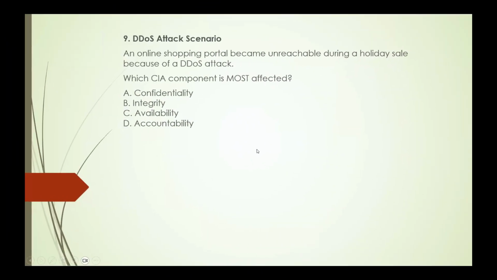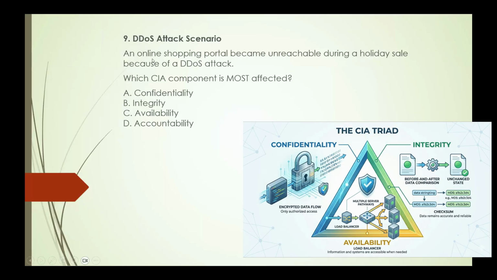Next, the DDoS attack scenario. An online shopping portal became unreachable during a holiday sale because of a DDoS attack. What is a DDoS attack? It's a distributed denial of service attack.